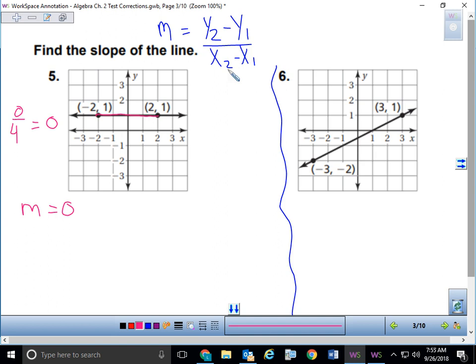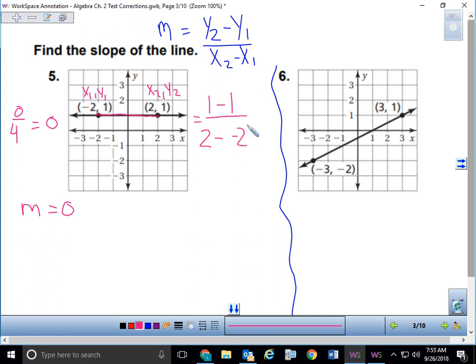But I'll show you the formula too. I'm just going to read left to right. I'm going to let negative 2, 1 be my first point, x1, y1. 2, 1 be x2, y2. If I plug this into my formula, this gives me 1 minus 1 over 2, careful, minus negative 2.